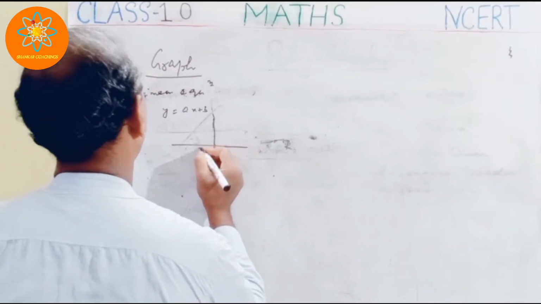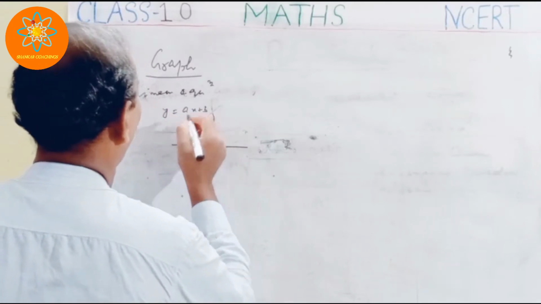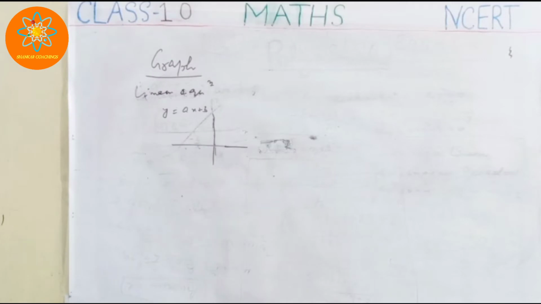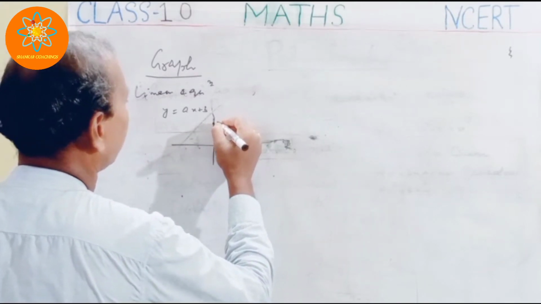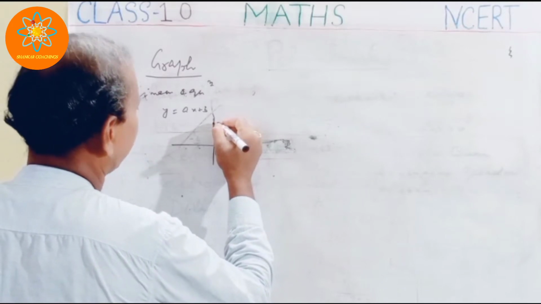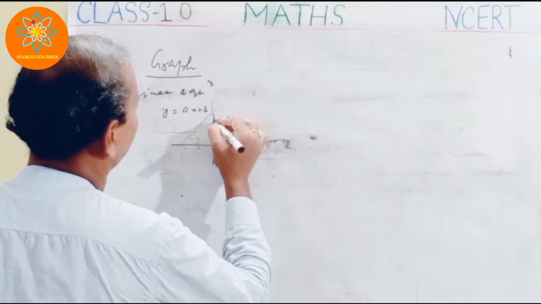Suppose I am taking this point. If I put x is equal to 0, what will be the value of y? It is b. So this point is x is 0 and y is equal to b, so (0, b).